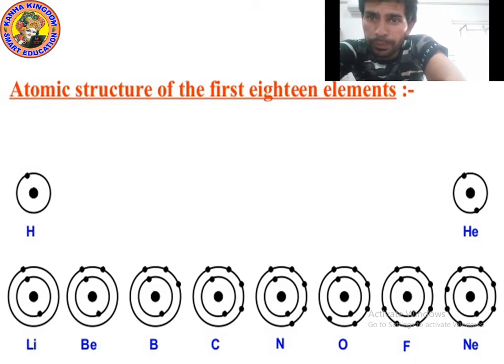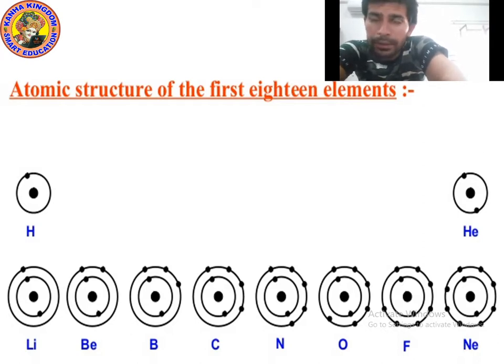We will draw 2 black dots, which are representing electrons. So 5 minus 2 is 3. Now the remaining 3 electrons we will fill in the next circle. So we will make 3 black dots.